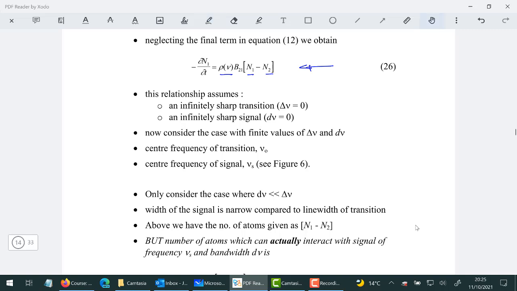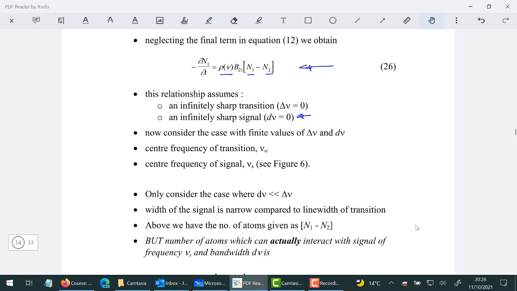Now that relationship is assuming that we have an infinitely sharp transition. In other words, the line width for that transition is 0, so it's not broadened, and that the input signal, the signal which is being absorbed, or the signal which is creating the stimulated emission, it also has an infinitely narrow line width.